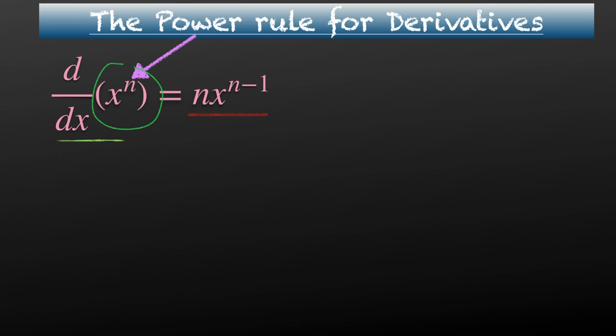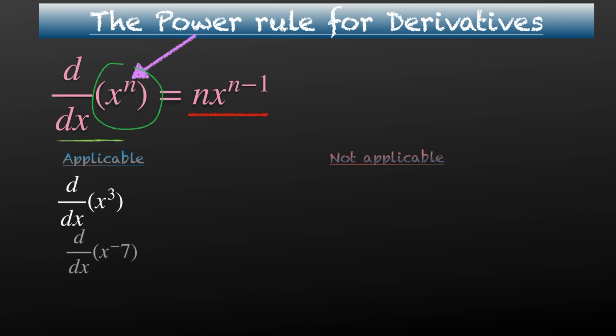That means 1 power goes out by n. Example, by understanding the concept of the power rule, where the power rule is applicable to a question and where it is not applicable. This rule is only applicable when the variable is the base and the constant is in the power, like shown in these examples. When x has some power 3, when x has some negative power, or when x has some fractional or radical in power. This rule is not applicable when we have a number to some power like 5^x.